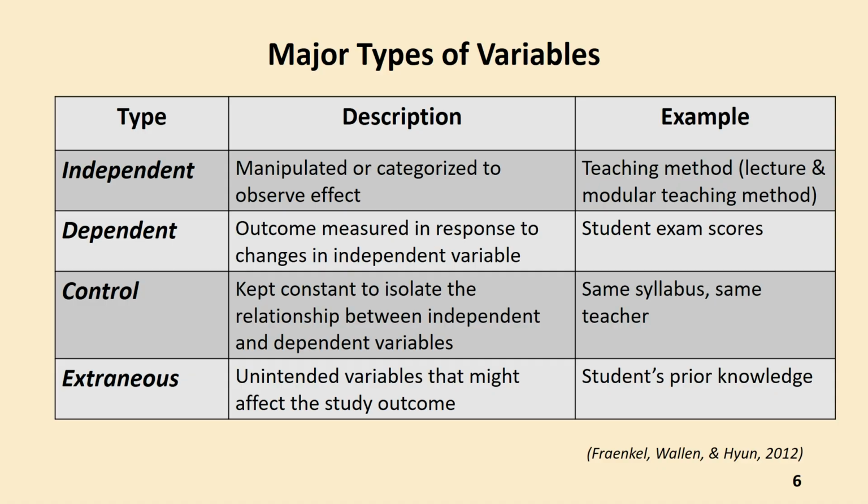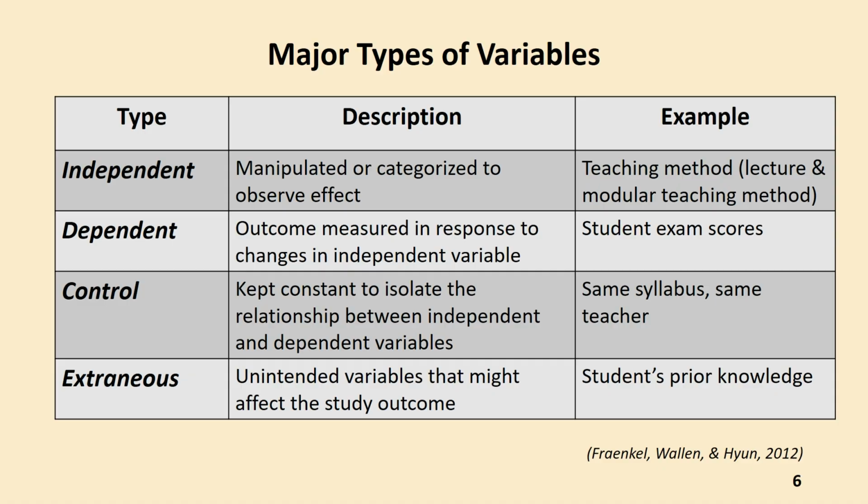Here you can relate independent and dependent variables in such a manner that with the use of a different teaching method, student exam scores have increased, ultimately achievement has increased. So you can see teaching method is playing the role of an intervention here. It's affecting something, and what has been affected, increased or decreased, is the dependent variable. So these are two major aspects of variables, dependent and independent, that you will find across studies.